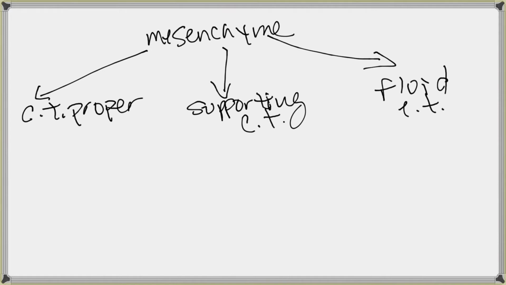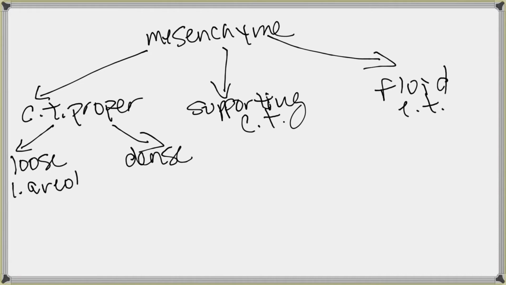And then what we are doing right now is we just said, okay, with connective tissue proper, there's subdivisions. There is loose and there is dense. We're going to have 3 loose. We just looked at the first one, which is areolar. Check. And then the next one is going to be adipose.